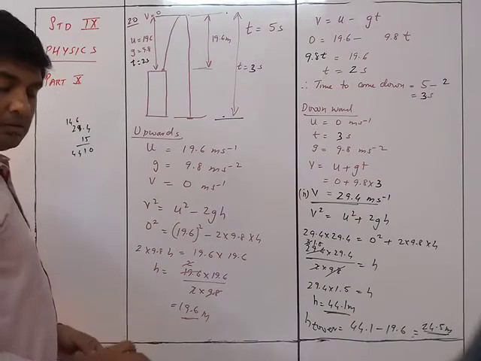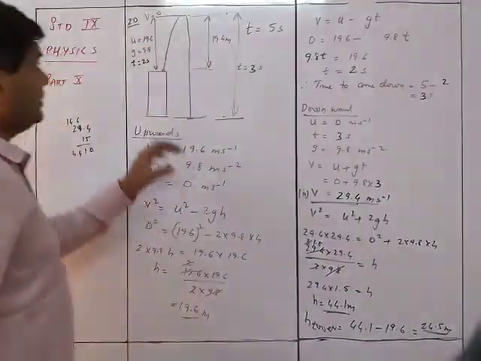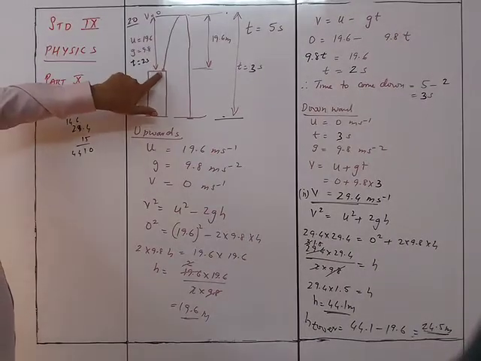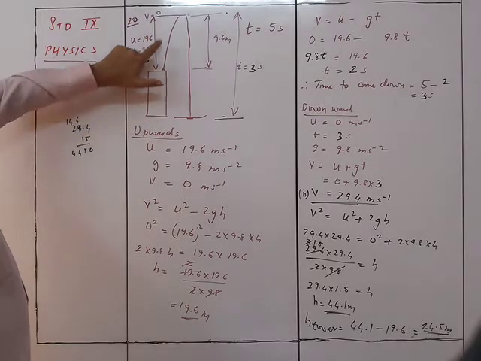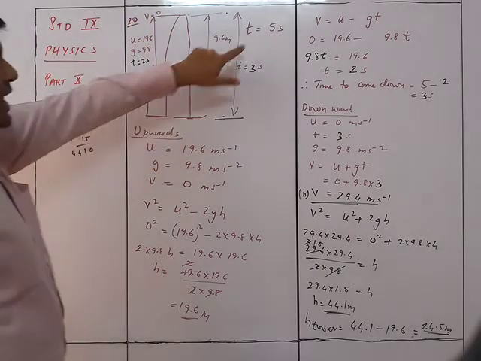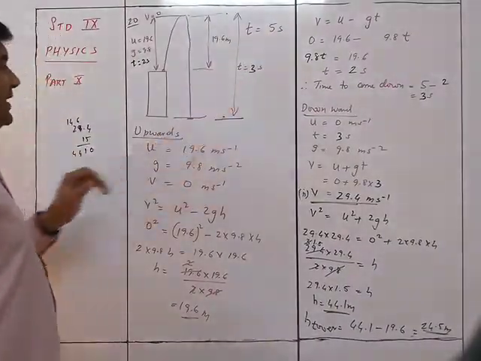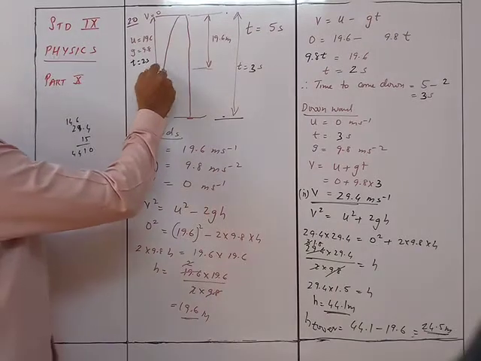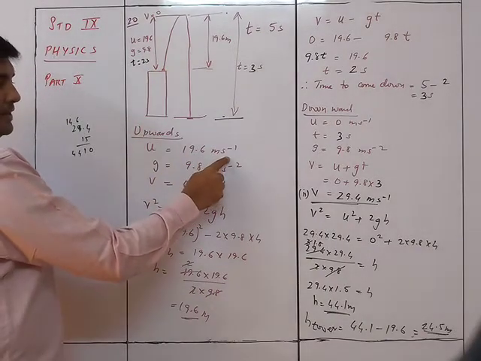Understood? Let us understand the whole question once again. A ball is thrown vertically upwards from a tower. It is going to go up and come down and reach the ground after 5 seconds. You are not given anything, but your initial speed at which you are throwing the ball, you know that is 19.6 meter per second.